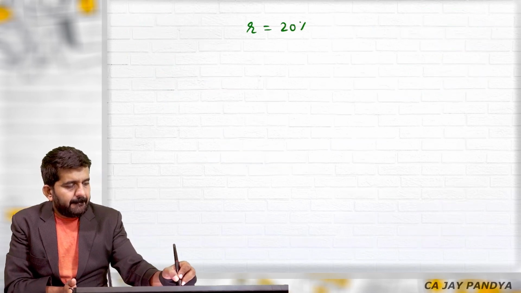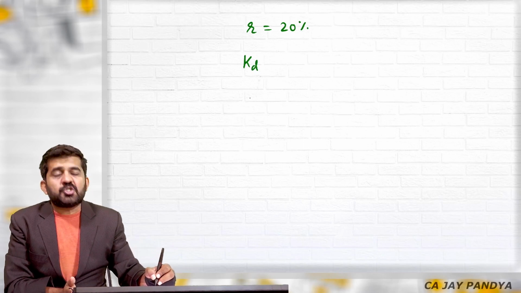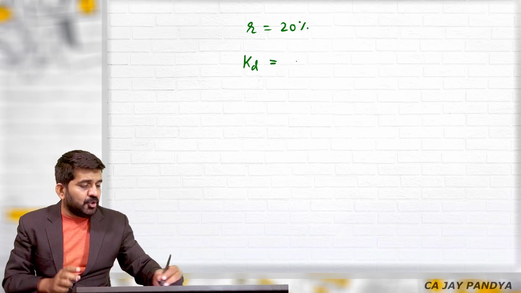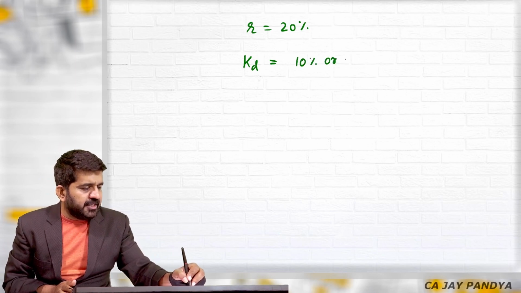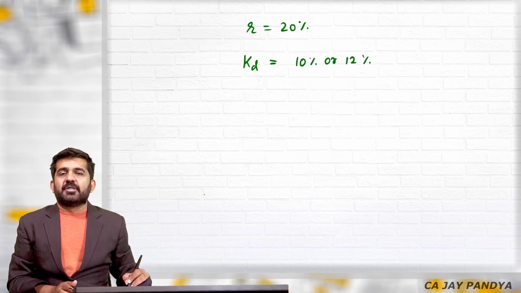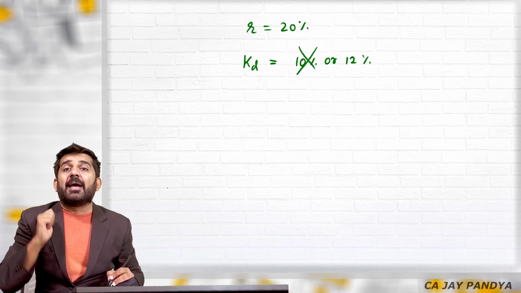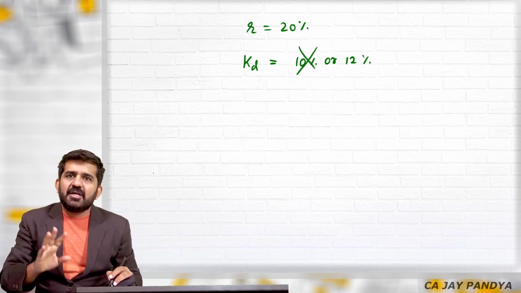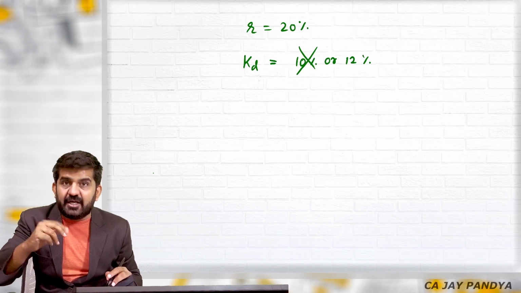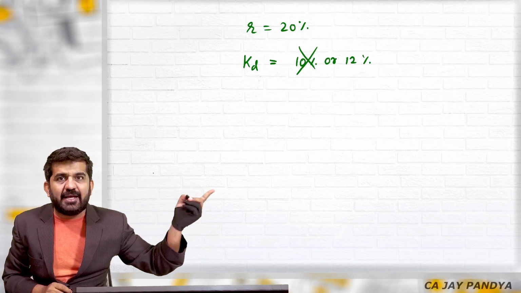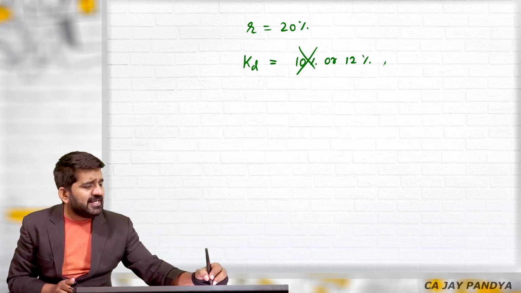What is the cost of debt before tax in this case? Sir, there are two rates, 10% or 12%. Take a conservative approach. Say KD is 12%. It will be between 10 and 12. In plan number 2, it will be between 10 and 12, but it will not be greater than 12. So KD maximum is 12%.